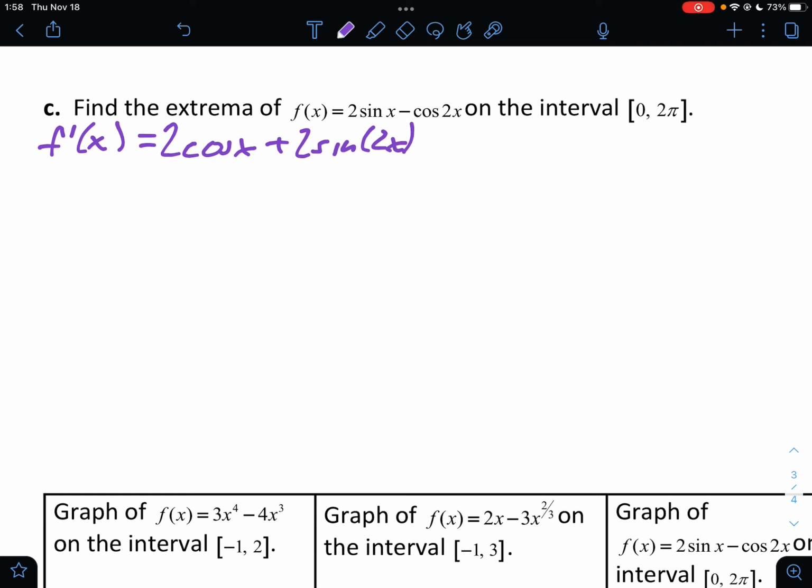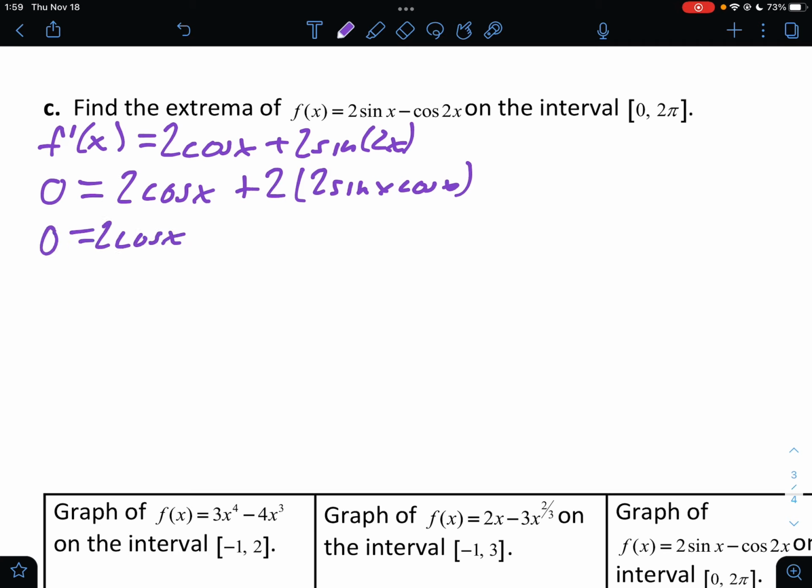Okay? And to get the other part where this would be 0, we got some work to do here. 2 cosine x plus 2 sine 2x. In order to make this a lot easier on ourselves, we should use an identity we learned last year in our pre-calculus course. Sine 2x is the same thing as writing 2 sine x cosine x. That's going to make this a whole lot easier to solve.